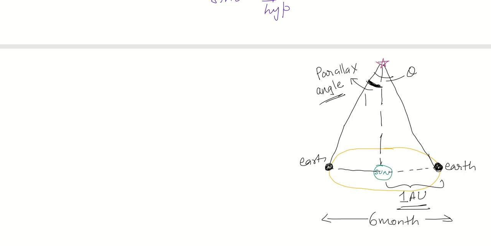Now this parallax angle they are showing by P, and this distance is D. So we very well know that sine P would be opposite, which from here to here is 1 AU, so it will be 1 AU by D, the hypotenuse.